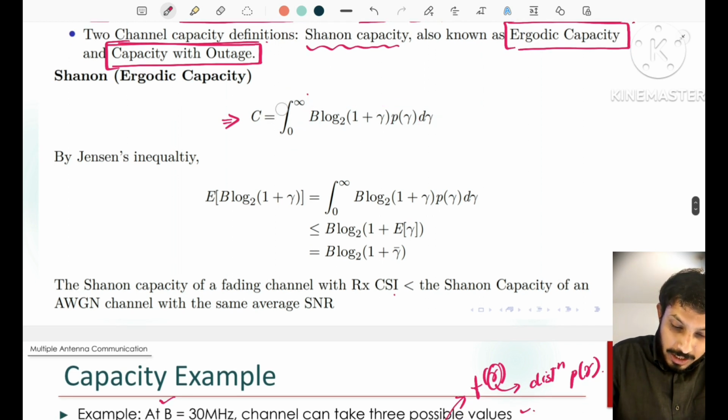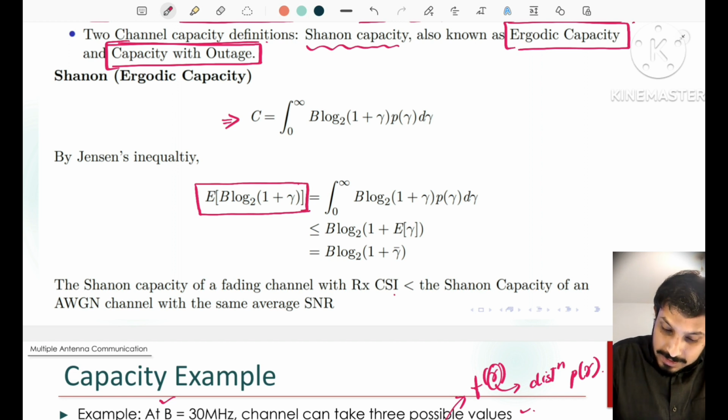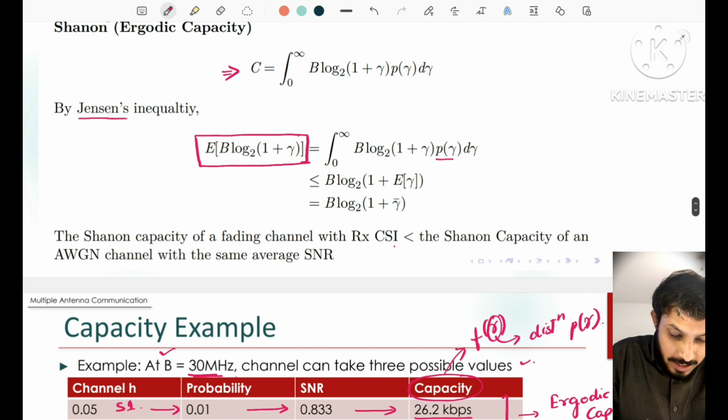Now by Jensen inequality, ergodic capacity is the expectation of capacity over different states, which is defined by the integral from 0 to infinity of B log 2 (1 plus gamma) times the distribution of gamma, d gamma. Then using Jensen inequality, we can take this expectation inside.